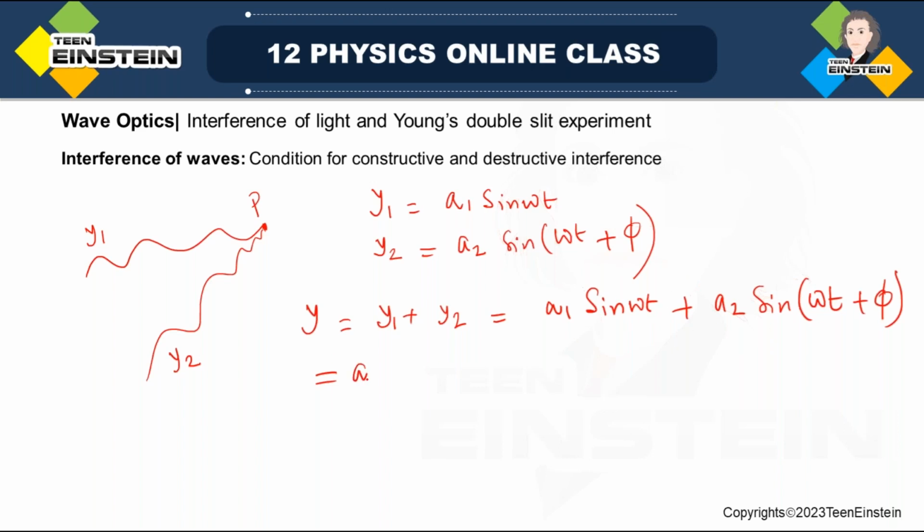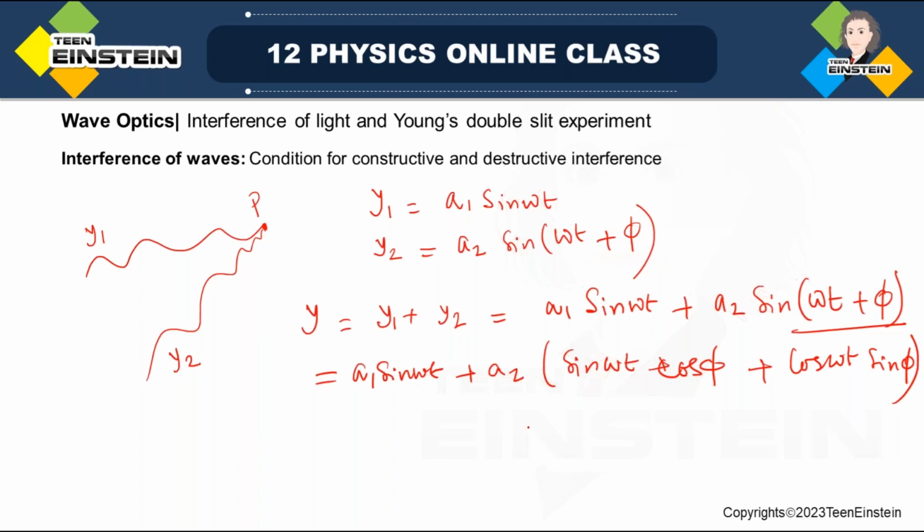So we use the identity for sin(a plus b): sin a cos b plus cos a sin b, which gives a2 cos omega t sin phi. Okay, this is what it is.